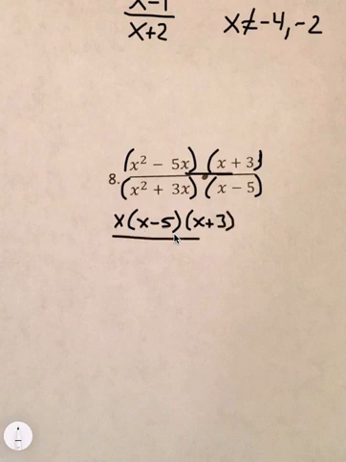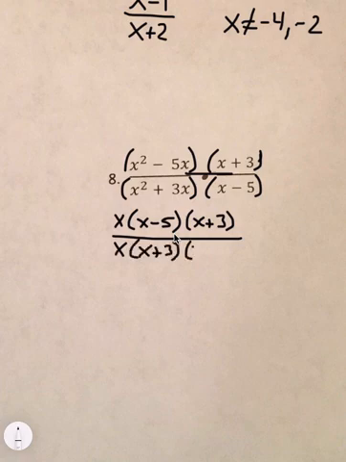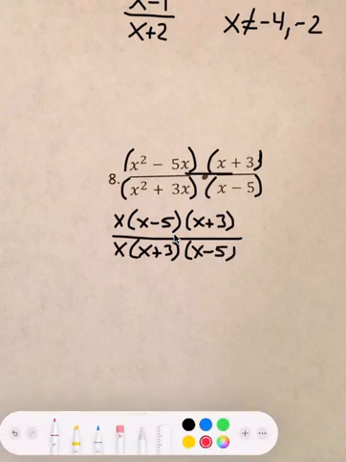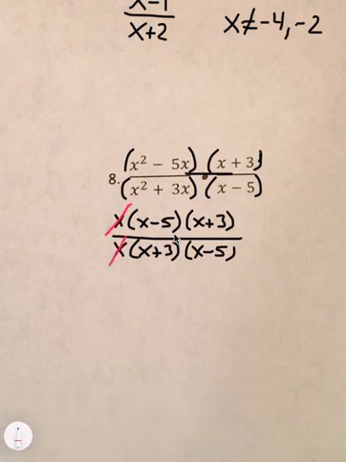Okay. On the bottom, x squared plus 3x, x times x plus 3 times x minus 5. All right, now let's see, what can we cross out? Well, the x's cross out, the x minus 5's cross out, and the x plus 3's crossed out.